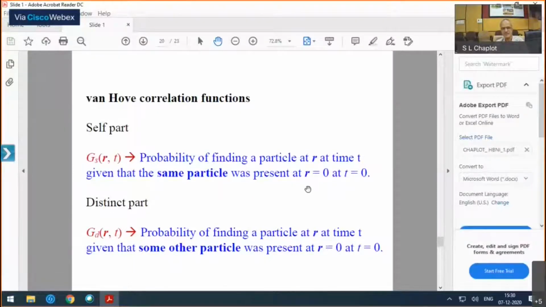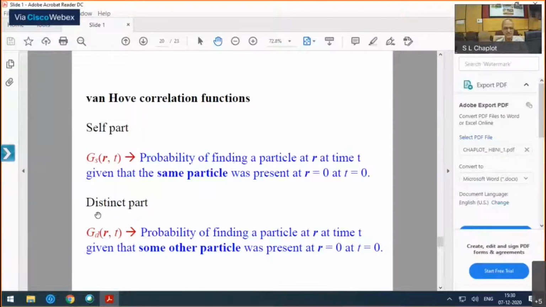So this just shows how the particle's position evolves in time, and so that is called the self space-time correlation function. And as you could notice, this quantity would be related to the incoherent scattering.